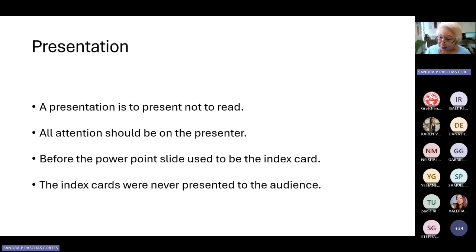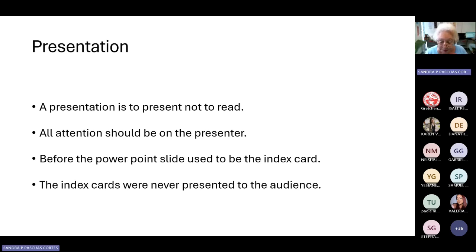Now, please notice on this slide, I have 4 bullets. That's it. Notice, please, that it is one sentence, because I'm going to read it and then I'm going to explain. The presentation is to present, not to read. And then, as I told you, you are the information. It's you. That is an index card. They can see you because they can follow you. Questions?